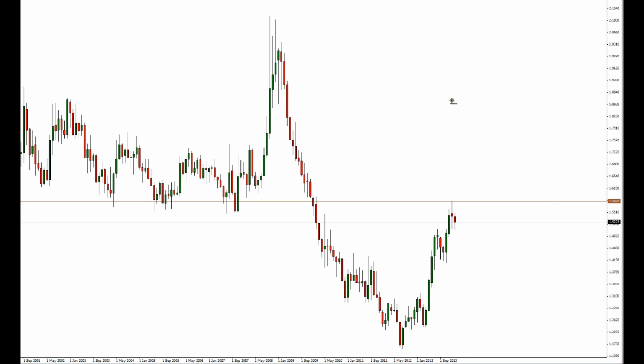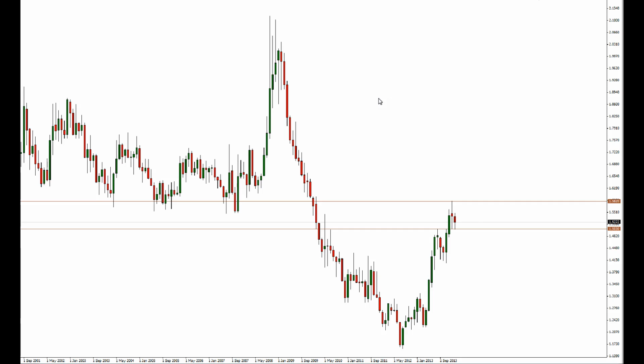So we have a monthly doji. So we have a range between 1.5030 and 1.5820. So it's a very simple way to identify a range market when we have a doji.